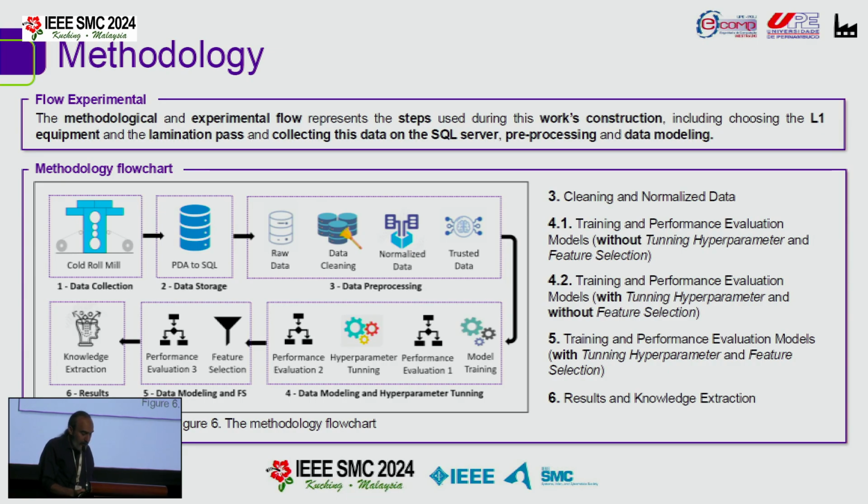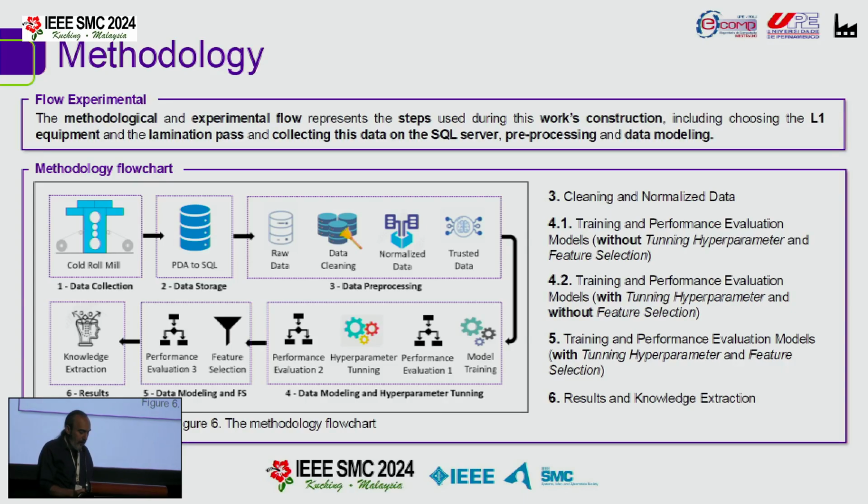The methodology and experimental flow represents the steps used during this work construction, including choosing the L1 equipment and the lamination pass and collecting this data on the SQL Server, pre-processing and data modeling. So, in step 3, we clean and normalize data. In step 4.1, we train and perform evaluation of models without tuning hyperparameters and feature selection.